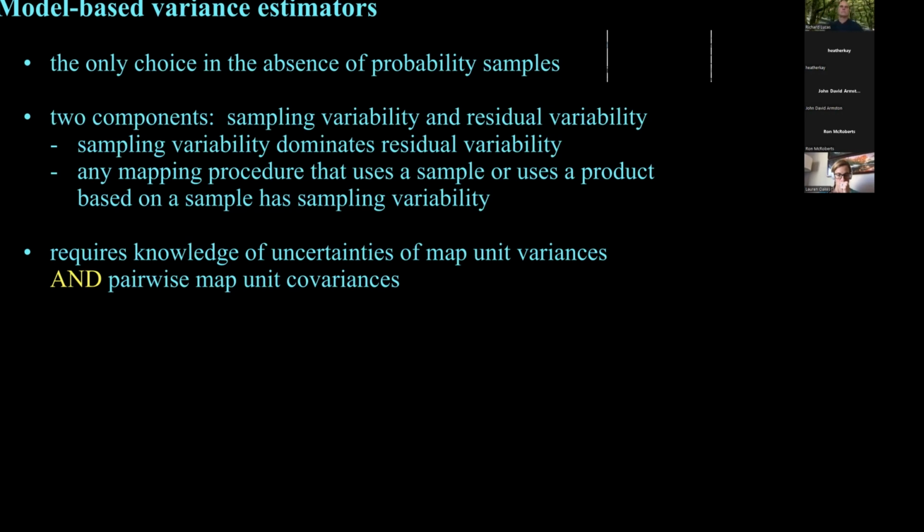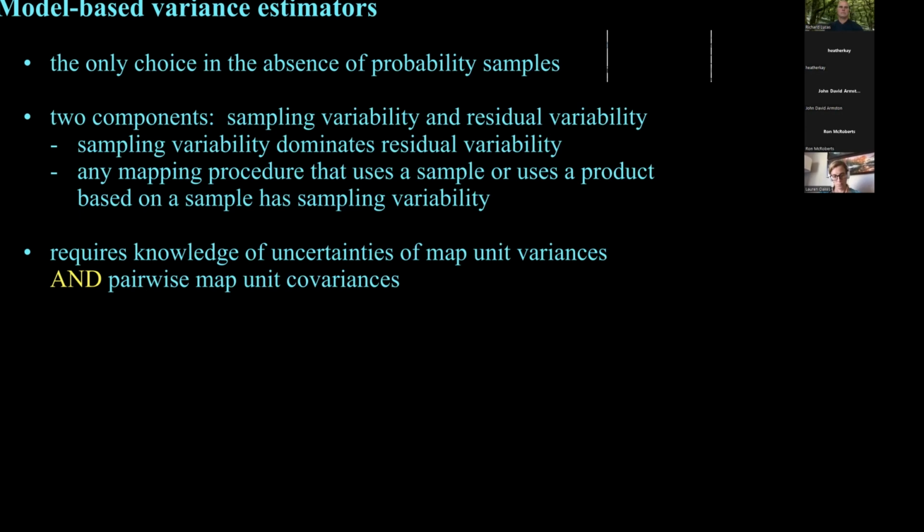If I take a sample and use it to train a calibration technique, or to train anything related to the mapping process, that sample is just what it says. It's a sample, not a census. It's only a representation of what's happening on the ground. In fact, if I went out and got another sample, the calibration of my prediction technique, my mapping technique, would change a little bit.